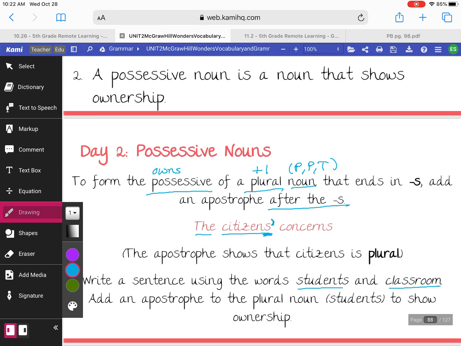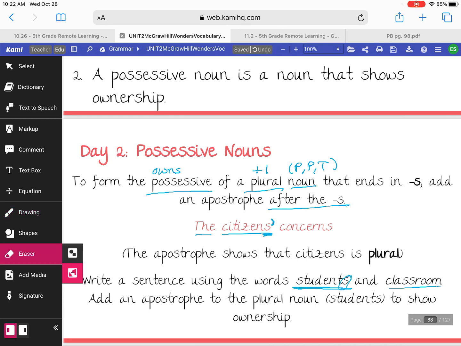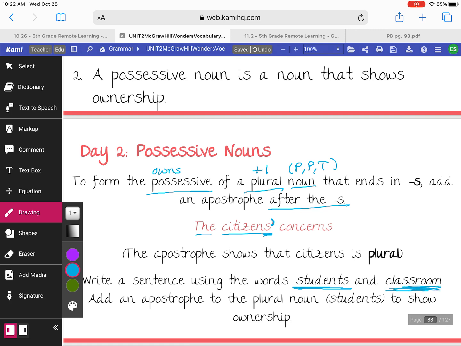The students' classroom. With students, I automatically know there's more than one student. It's not one student's classroom, it's the students' classroom. And you always put what they own right next to it.